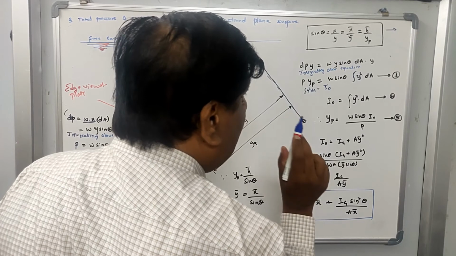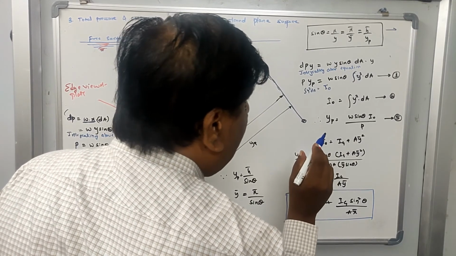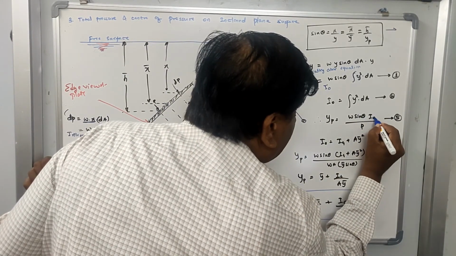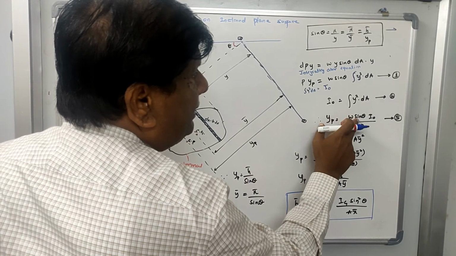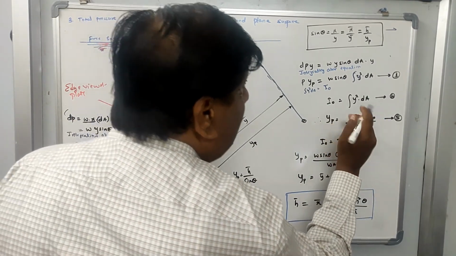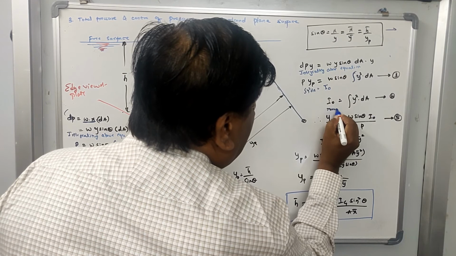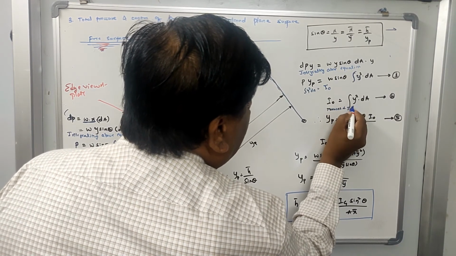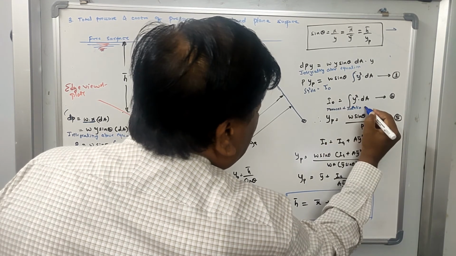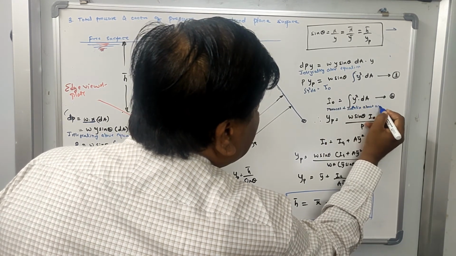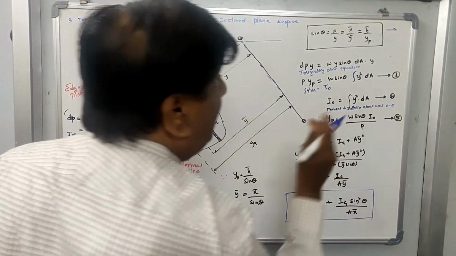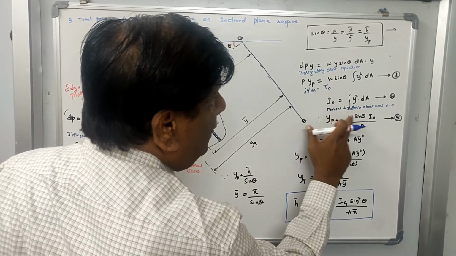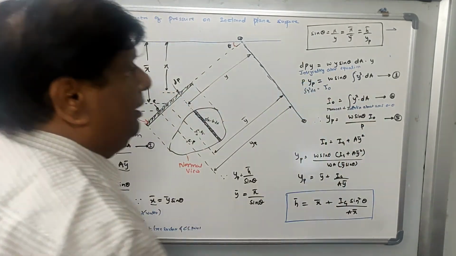That's why we have taken I naught here. Therefore yp is equal to W sin theta I naught by P.